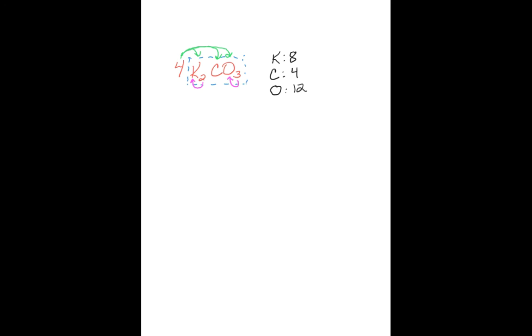Now, there's another situation that you may run into where you have parentheses within the particle. In this particular case, the combination of PO4 shows up twice within the one particle. So the 2 outside the parentheses applies to any elements within the parentheses, and the 2 out front applies to every atom within that particle.